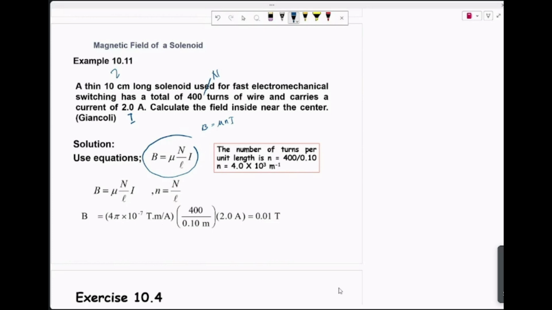But you can always remember that n is equal to N over L, where n is the number of turns per unit length. So N is the number of turns, and L is the length, not unit length. That's what gives the number of turns per unit length.